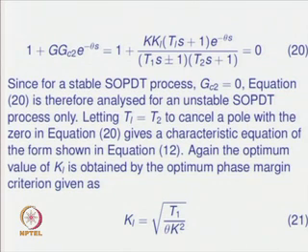Then the way the parameter KL is obtained is already explained to you earlier, and that has been given in equation number 12. So, the optimum value of KL, given by this expression KL equal to square root of T1 divided by theta K squared, will be used in this study as well.